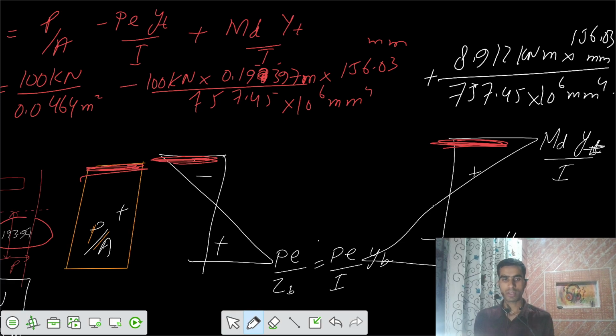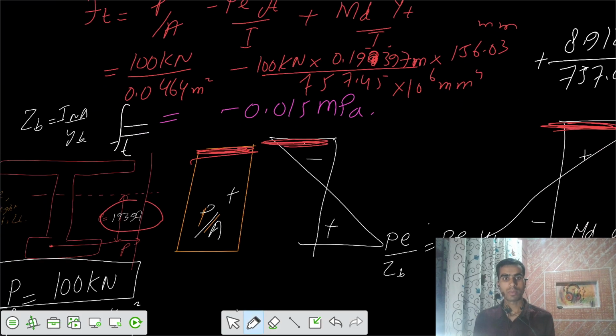So finally, after calculations, the stress at the top F top is coming out to be minus 0.015 megapascal.